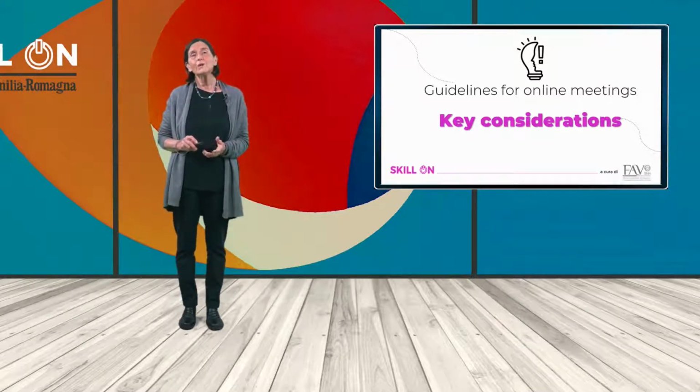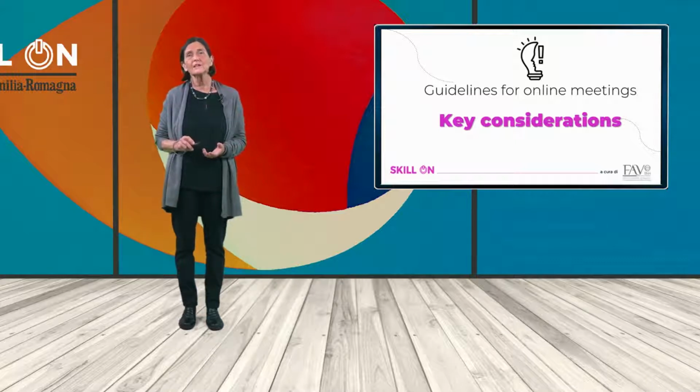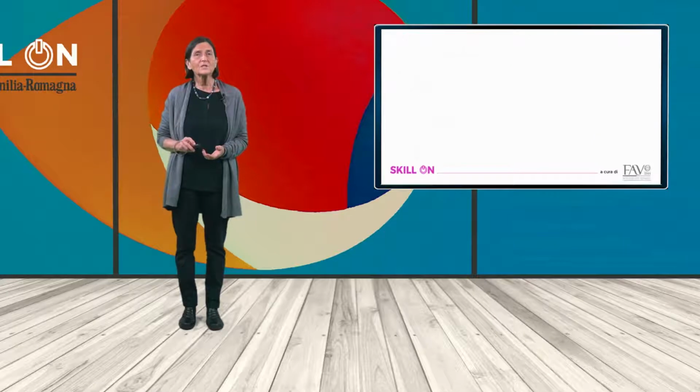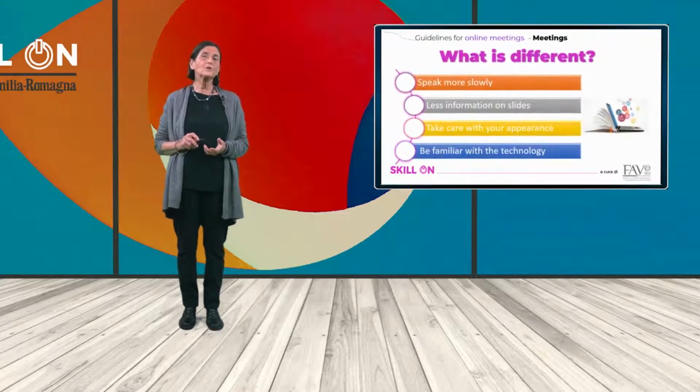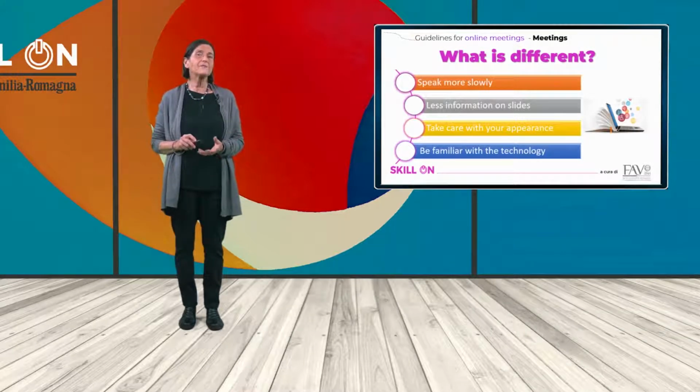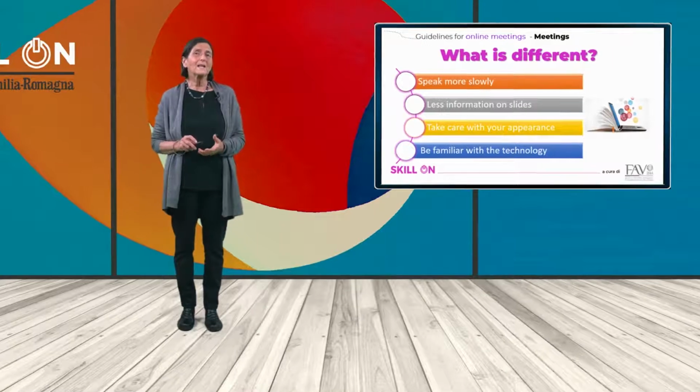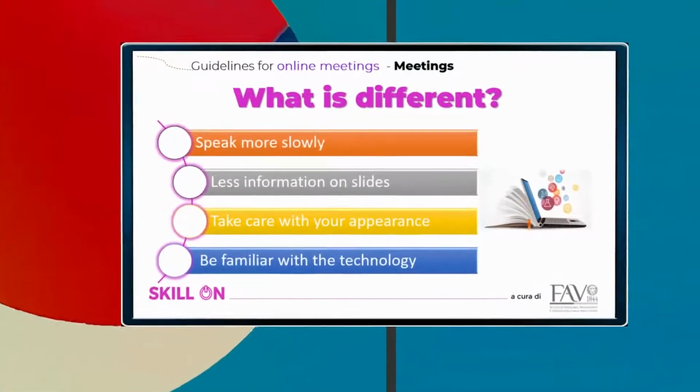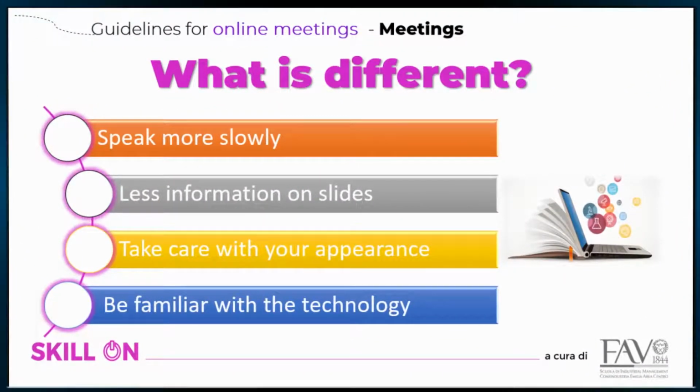So let's have a look at how we can approach online meetings effectively. So first of all, one thing that you can do, as we said, if there's a problem with audio, it's a good idea to speak more slowly.